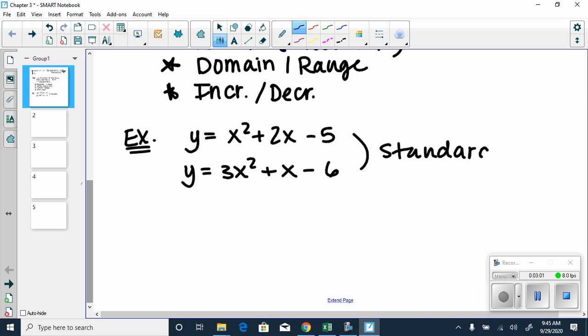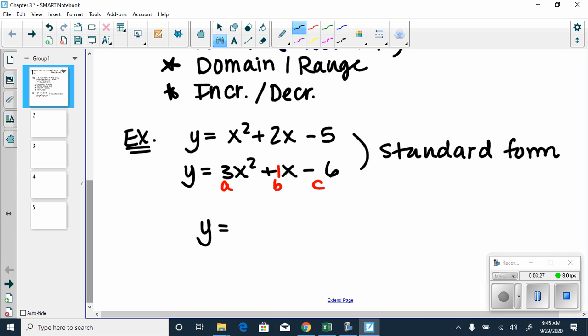The reason is you can find an a, a b, and a c. So this would just be the a, b is just going to be 1, c is going to be negative 6. This should look very familiar from when we did the quadratic formula. Hence it's called the quadratic formula because you use it for something that looks like that in standard form.